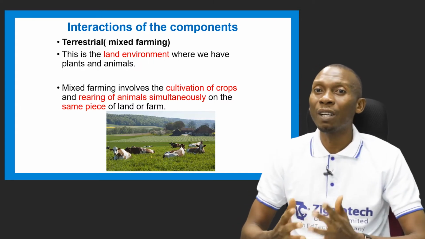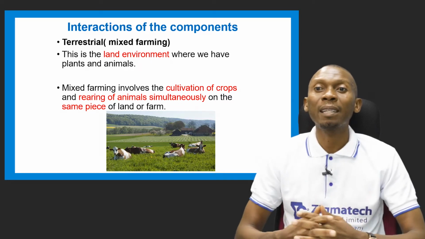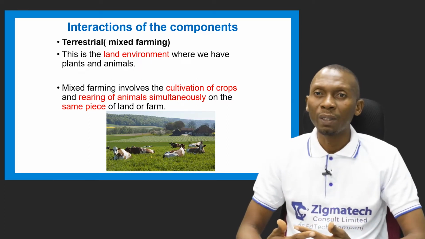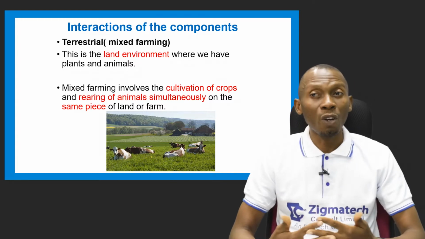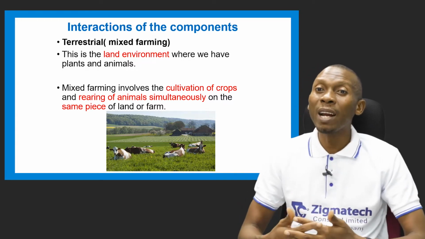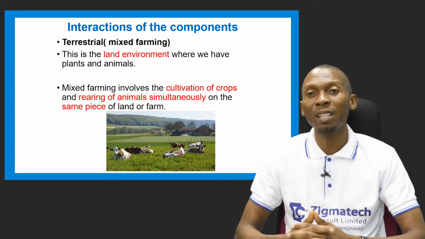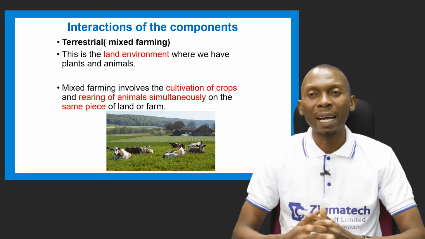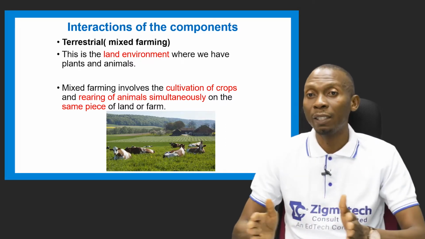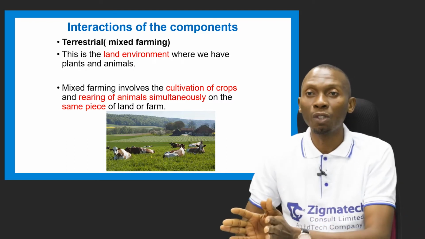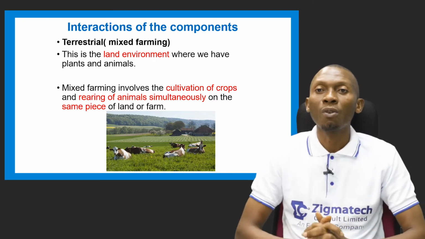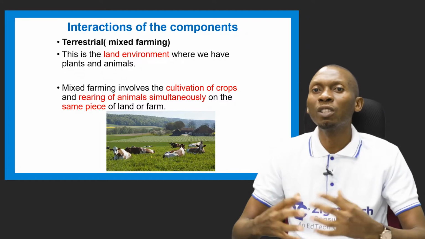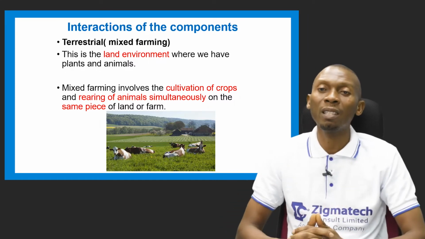This is the land environment where we have plants and animals. Now, mixed farming involves the cultivation of crops and also rearing of animals simultaneously on the same piece of land. Of course, the land is probably divided into plots where a portion can be used for raising animals, another portion for growing plants. But mixed farming involves the cultivation of crops and rearing of animals simultaneously on the same piece of land.